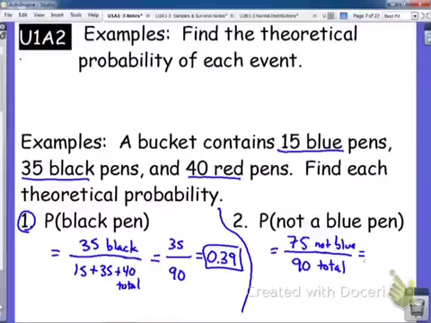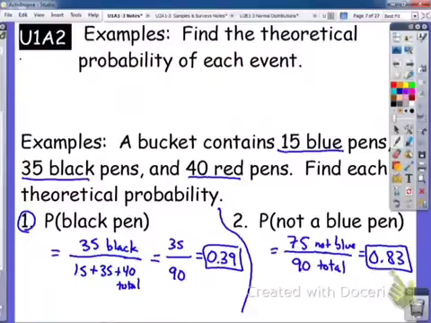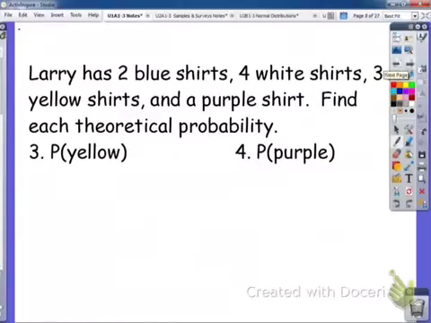So 75 divided by 90 gives 0.83 repeating. So this rounds to 0.83. I'll leave this one for homework as well, for your own practice.